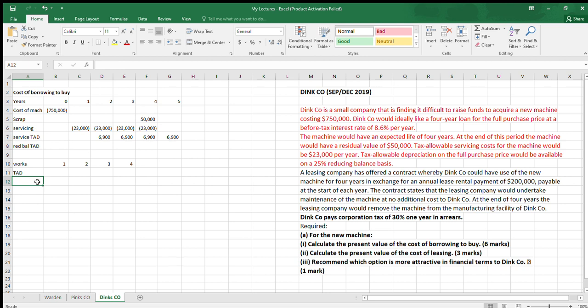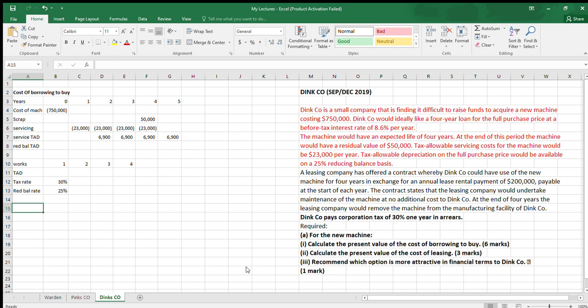So here is the rate, which is 25%, and here is your reducing balance rate. The reducing balance rate is 25%, and the tax rate is 30%.